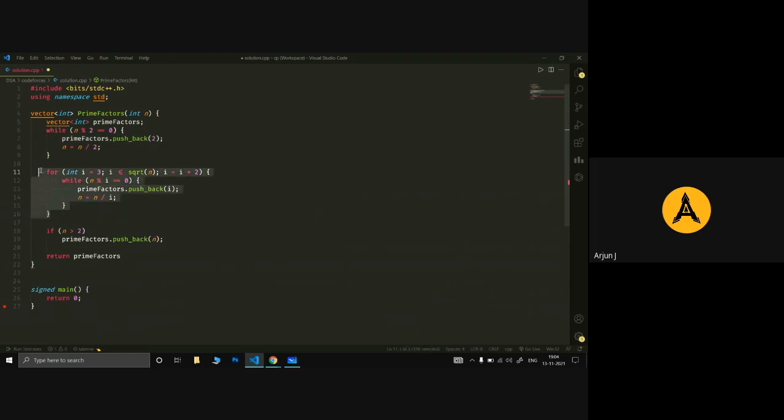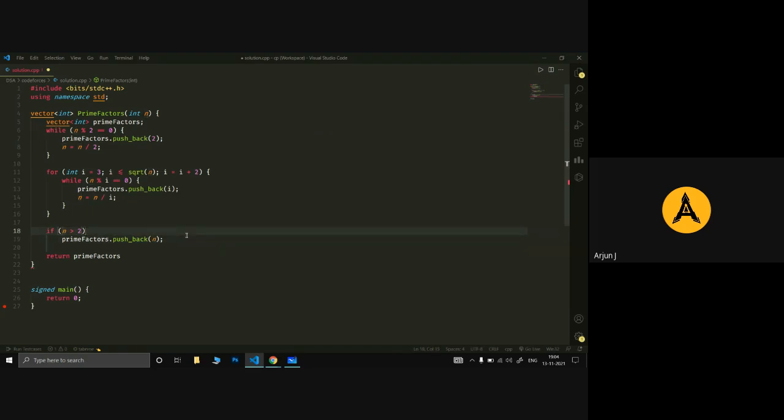Then for i equals 3, i less than square root of n, we increment by 2, so that we skip all the even numbers, and while n mod i is equal to 0, we push back i, so that i is definitely a factor of n, and we keep on dividing n by the given i. And we also have a statement over here: if n is greater than 2, we finally push back n also.